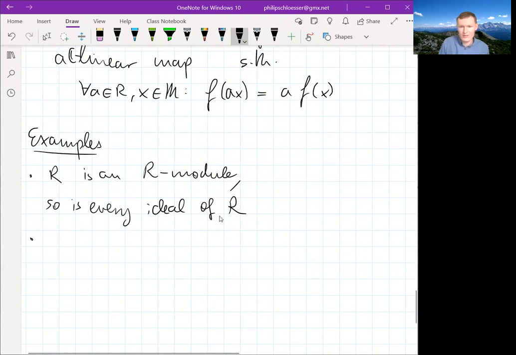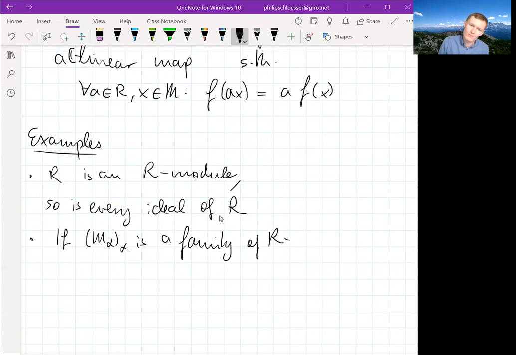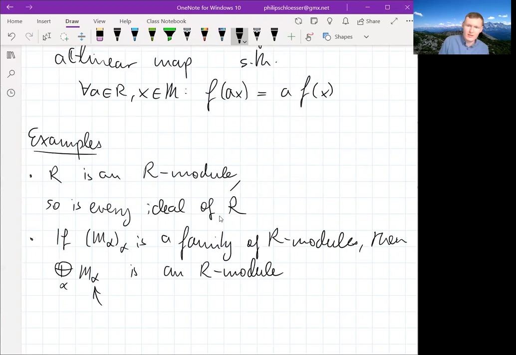Then next example, well, if you have a bunch of R modules, then we can take the direct sum. What is this direct sum?